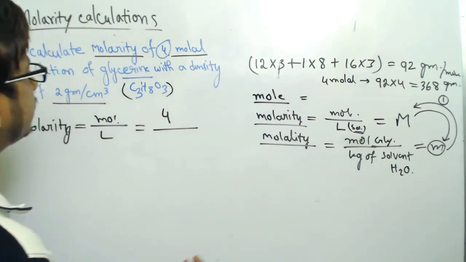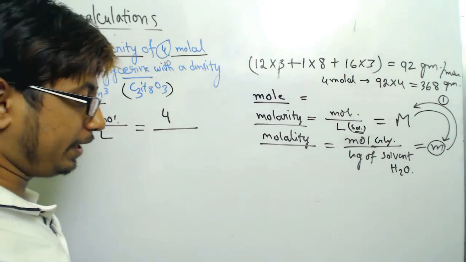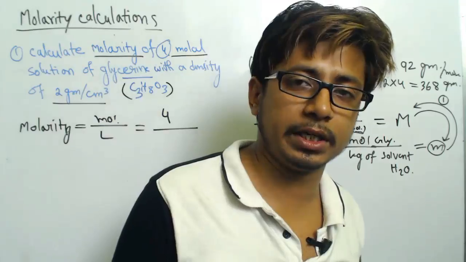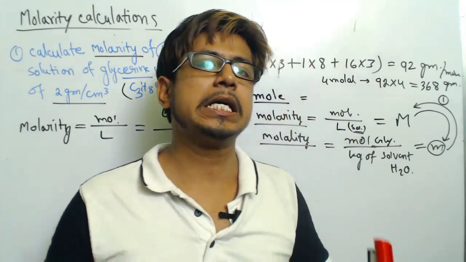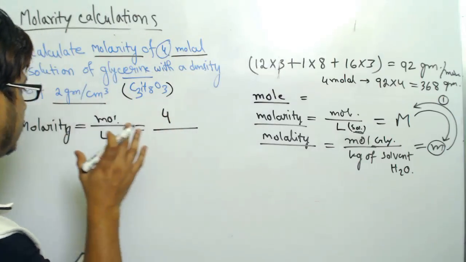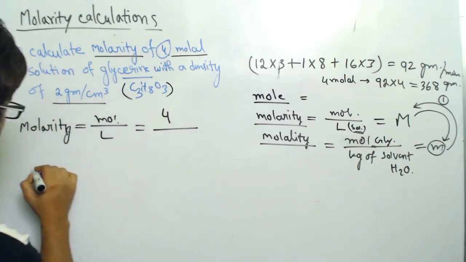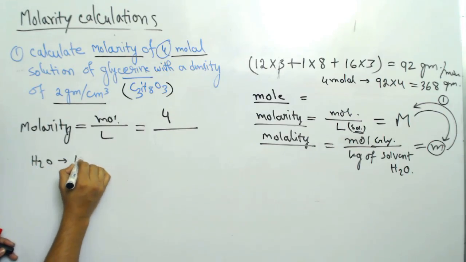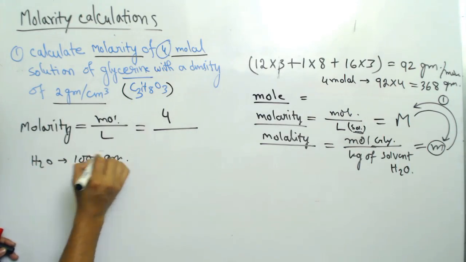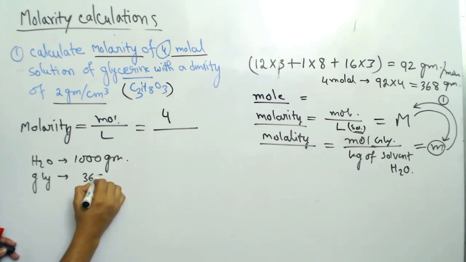The total amount of water we need to assume, because it's not clearly mentioned in here, and if the total amount of water is not mentioned earlier, you always think of it as 1000 milliliters or 1 liter, because we need to do the calculations in molarity, so you'll always convert it into the liter. So let's assume the water present here is also 1000 gram. So water 1000 gram, glycerine 368 grams.